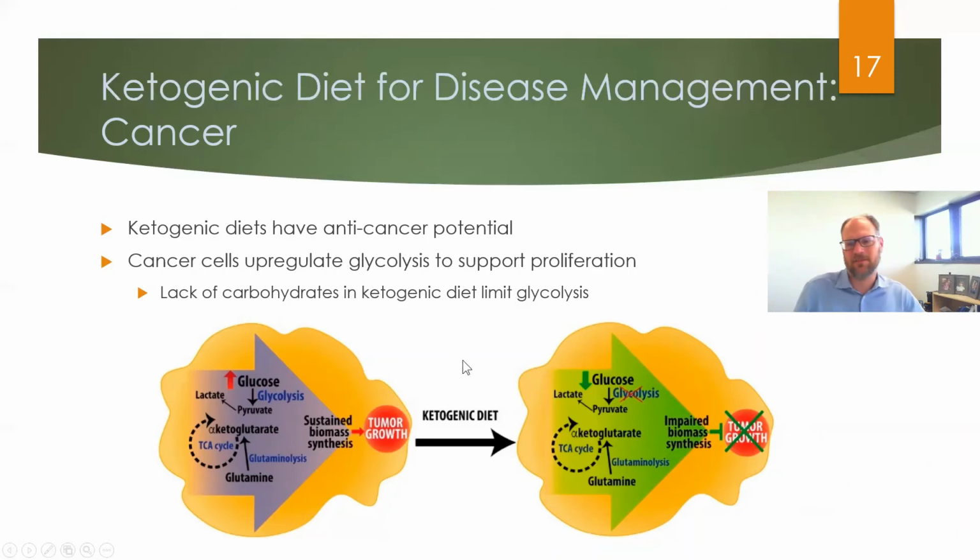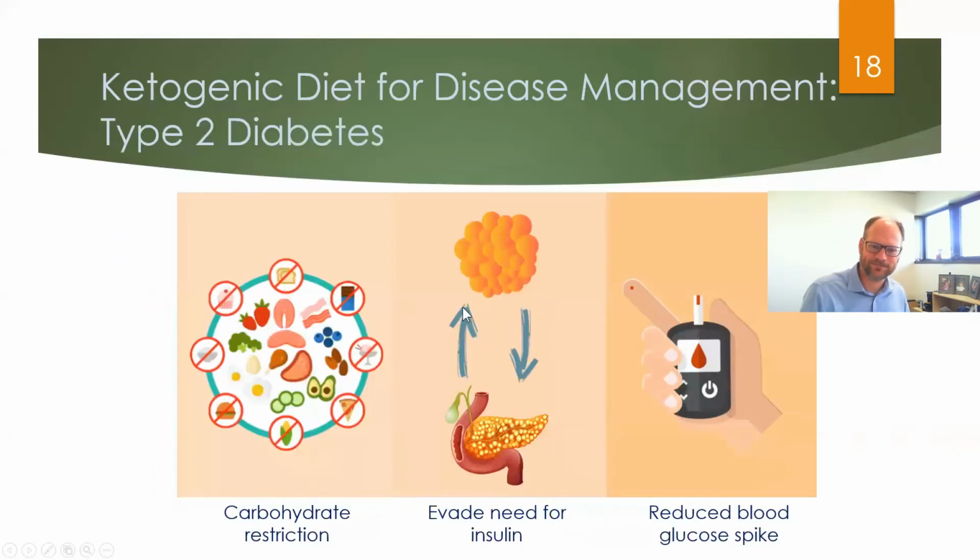Now, this has its own problems that we'll talk about later as we get through cancer metabolism concepts. But the idea is that early on in the cancer adaptation process, this use of glucose is very useful for cancer cells, and by starving them of it, that prevents them from growing.